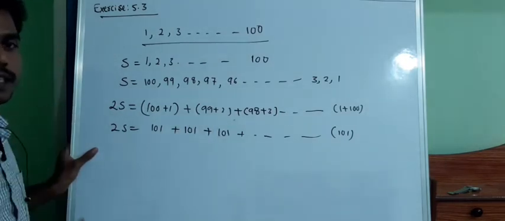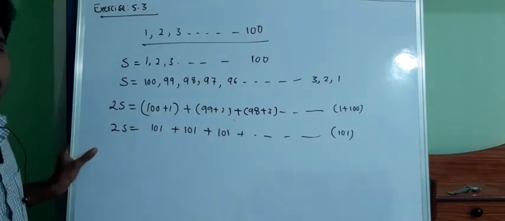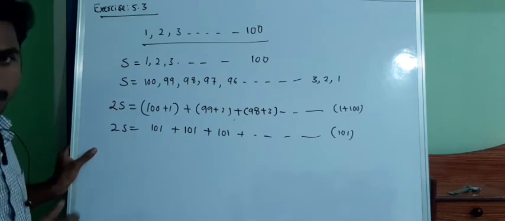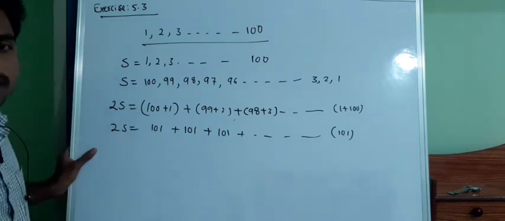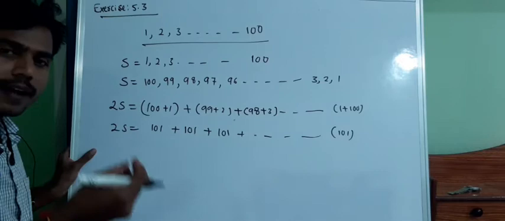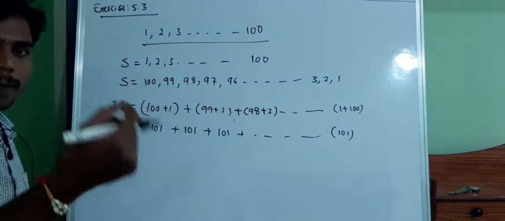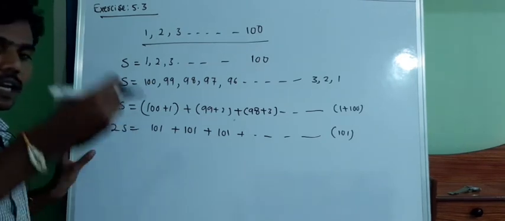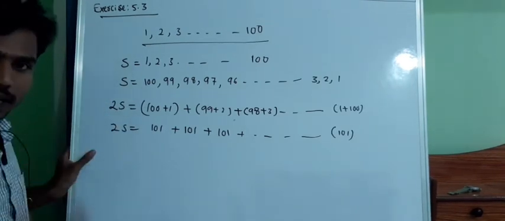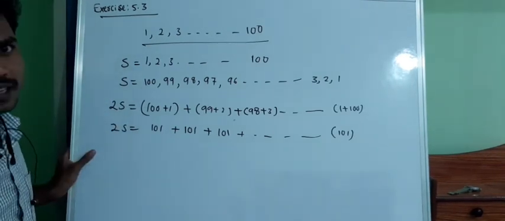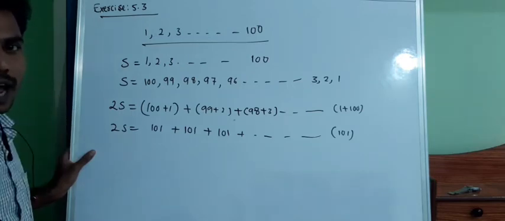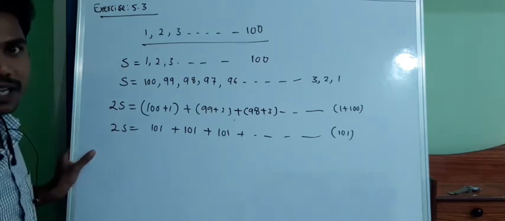See, if I ask, the cost of a pencil is 3 rupees. What is the cost of 20 such pencils? Do I need to add 3 rupees 20 times? It doesn't make any sense. So what I do is 20 into 3. I use the application of multiplication here.